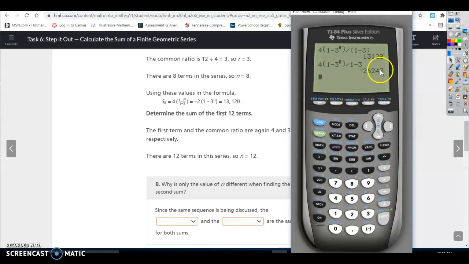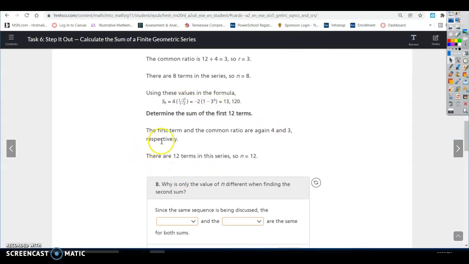So make sure you do not do this. Make sure when you're entering in your calculator that you are putting this in parentheses. The top will be in parentheses and the bottom will also be in parentheses.